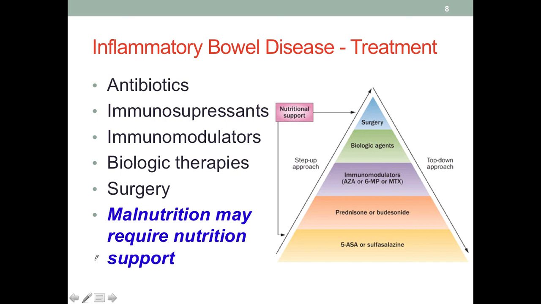To treat IBD, we can use specific antibiotics. They play a role for the maintenance of remission and prevention of postoperative recurrence, and also in treating septic complications that may occur.